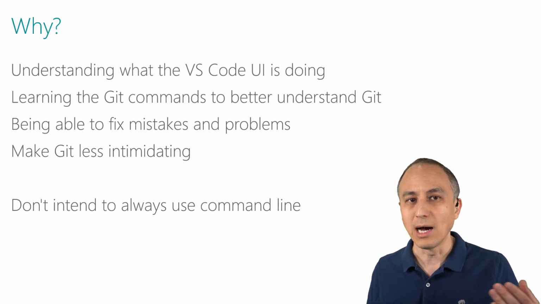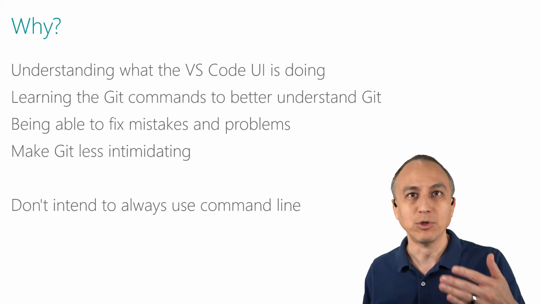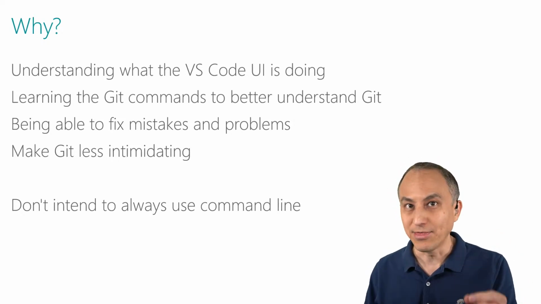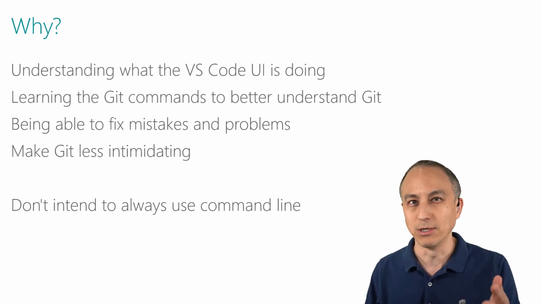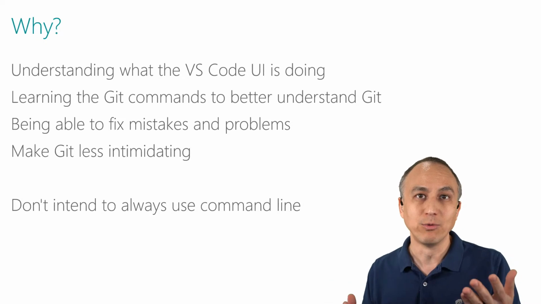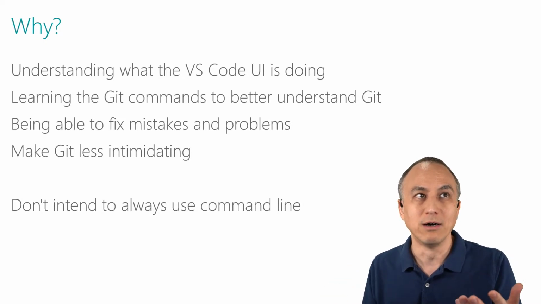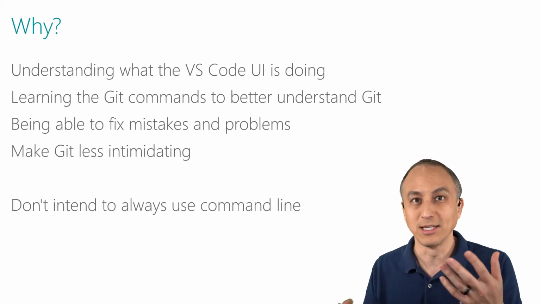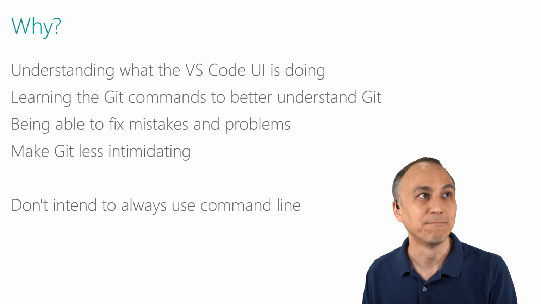So I want to explore the actual Git commands at the command line, to learn them, understand them, not to be an expert, but to get familiar with them and reduce that barrier of intimidation that can sometimes occur when you're working with Git.